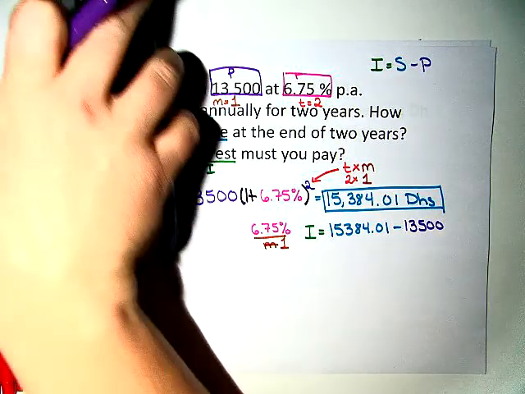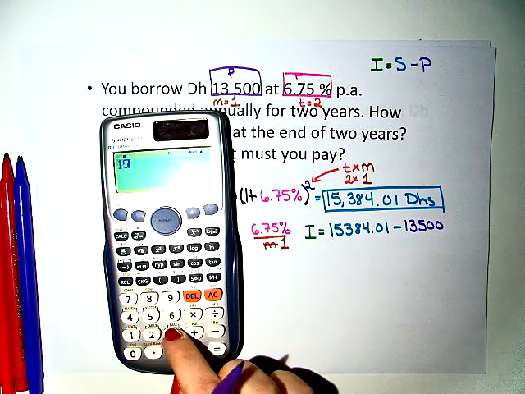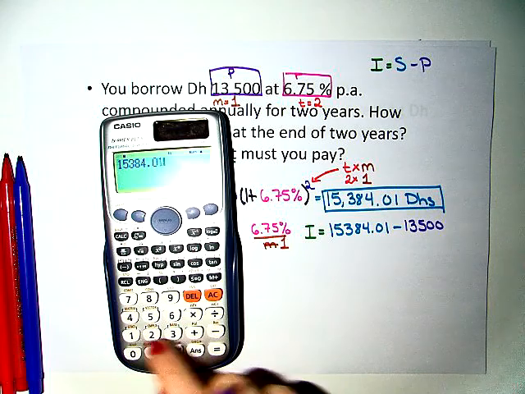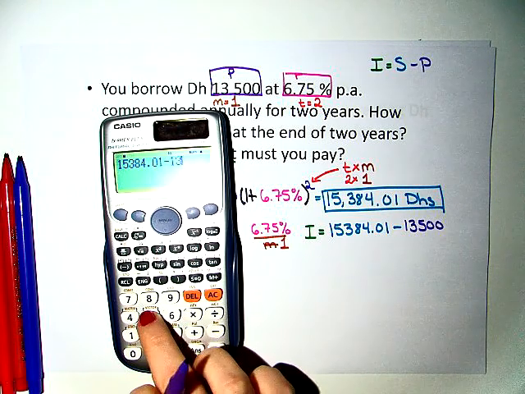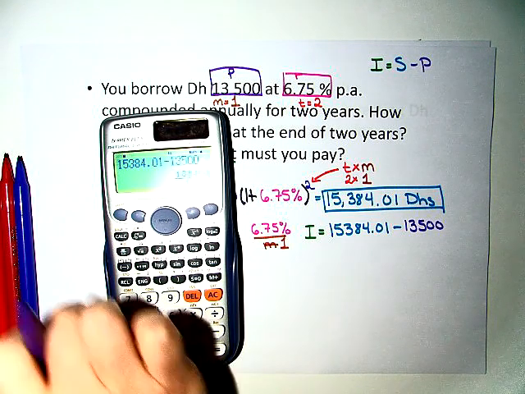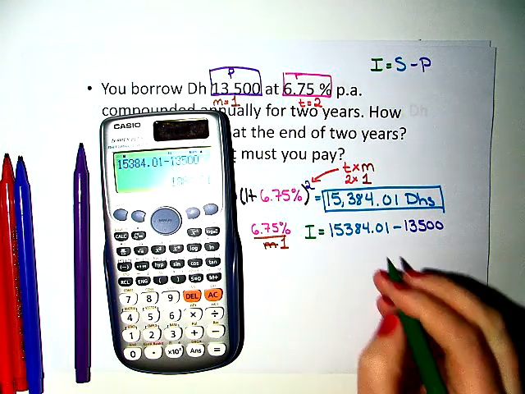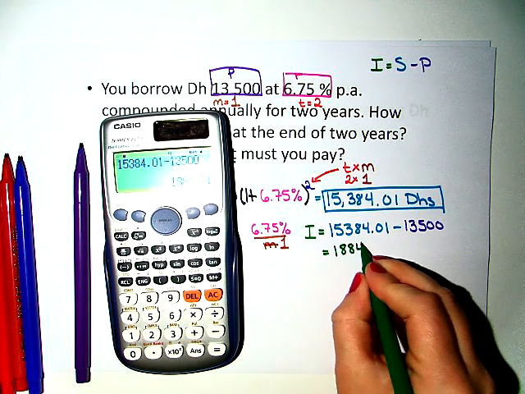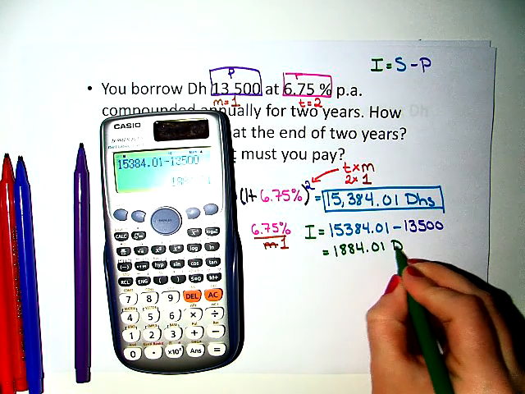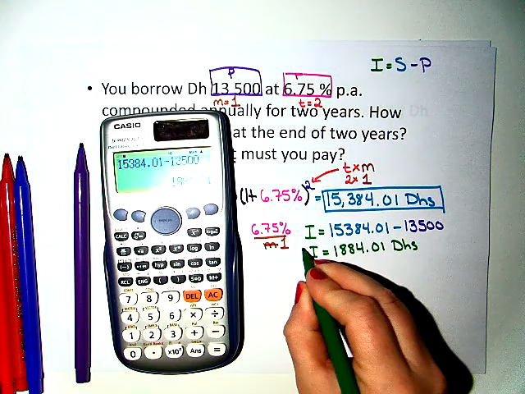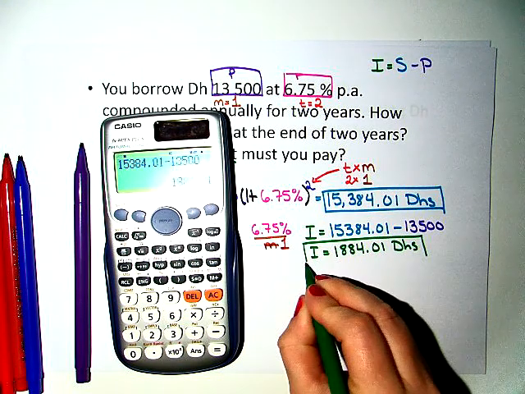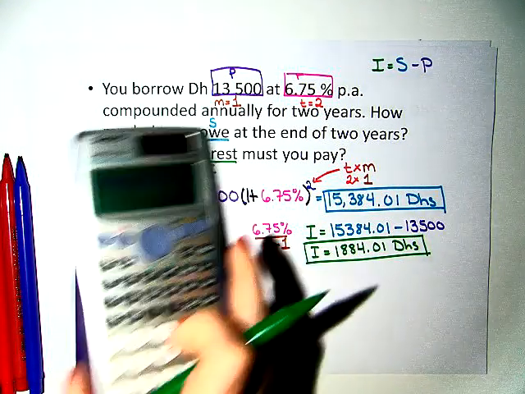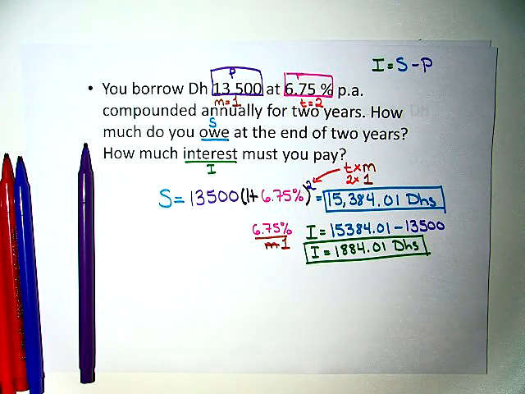So we're going to go ahead and do that. 15,384.01 minus 13,500 equals an interest of 1,884.01 dirhams. And that is how you find compound interest.